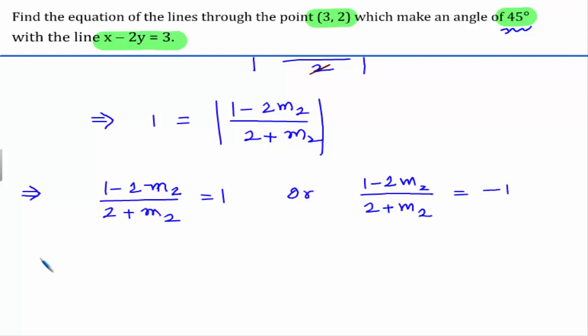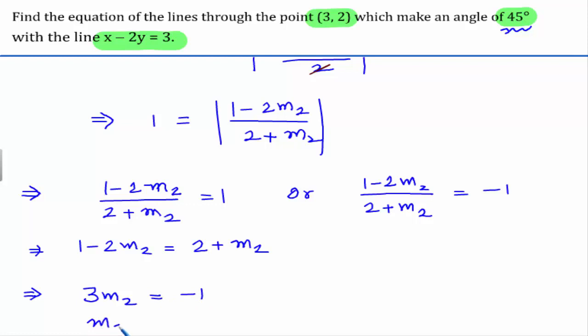Now let us take the first case. In this case we get 1 minus 2 m2 is equal to 2 plus m2. Then on simplification we get 3 m2 is equal to minus 1. So m2 is equal to minus 1 by 3.